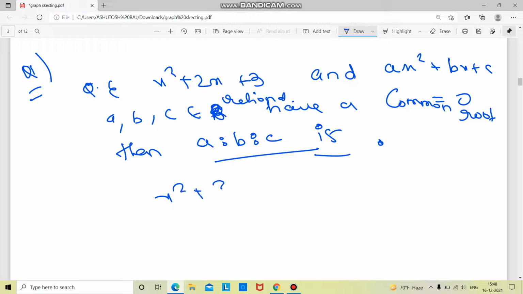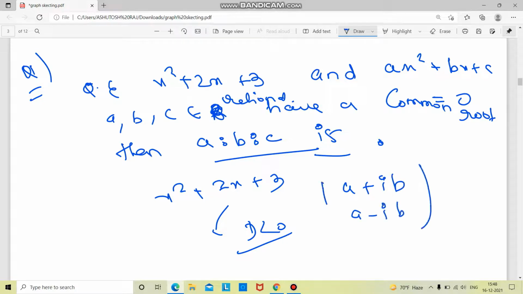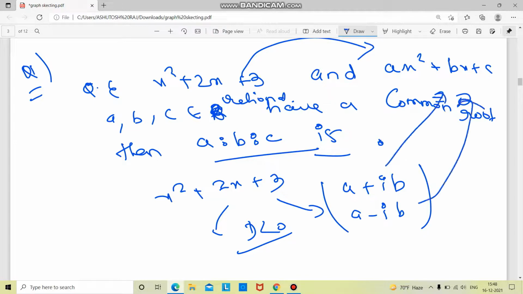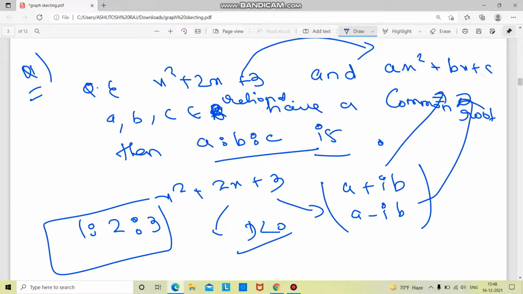We can see that x square plus 2x plus 3 has D less than 0, so it would have roots of the form a plus iota b and a minus iota b. If one root of the two equations is common, then it is guaranteed that the other root would also be common. So a is to b is to c would be 1 is to 2 is to 3, because they are both the same equation.